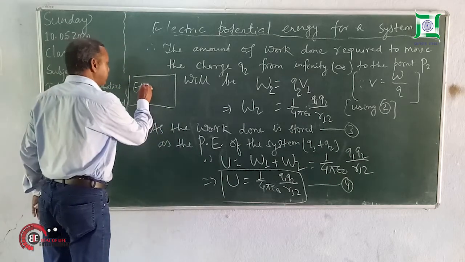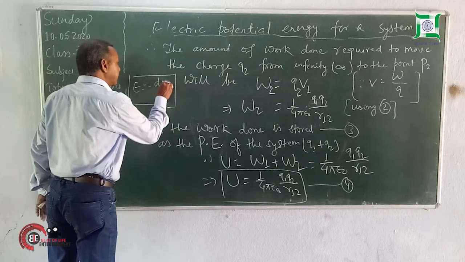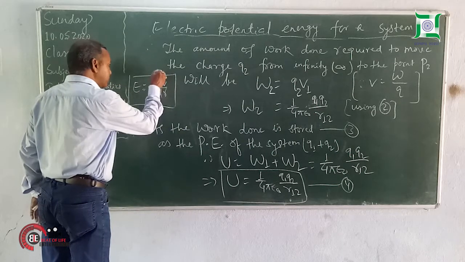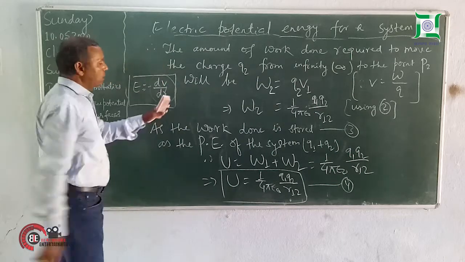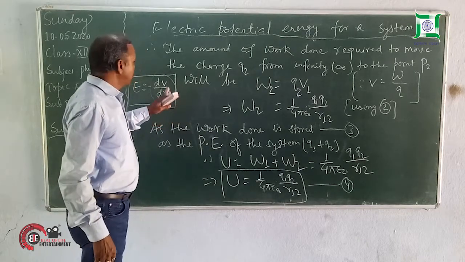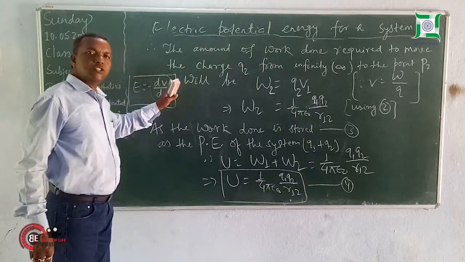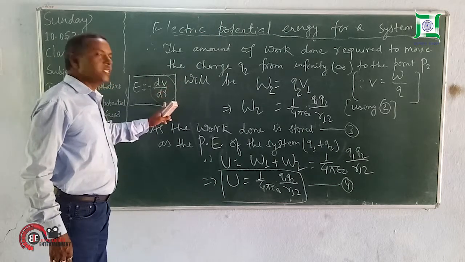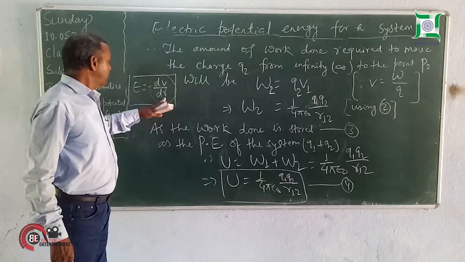It is given by E is equal to minus dV by dr. This dV by dr is also called the potential gradient. It means the potential gradient is defined as the change in the magnitude of the potential per unit displacement.